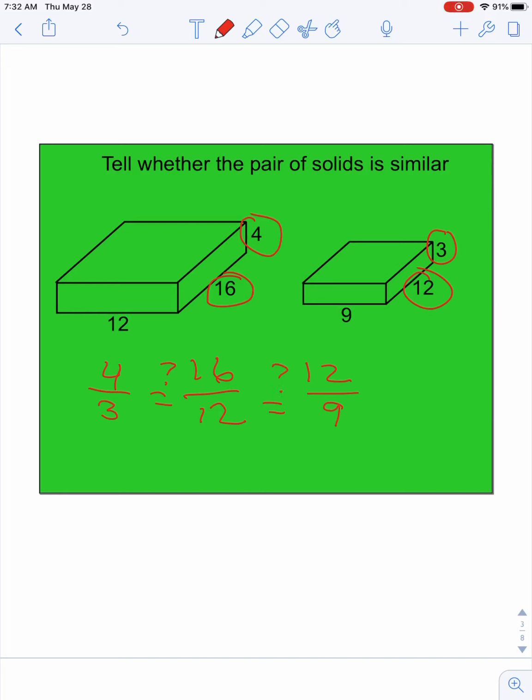And they all reduce to 4/3. And remember, if they're bigger fractions and you're not sure, you can also check by dividing the numerator and denominator and see that these are all 1.3 repeating. So yes, these are similar.